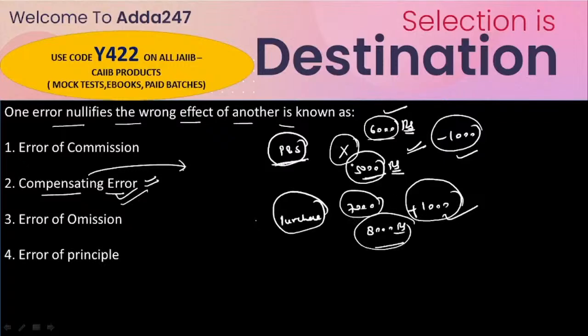And in the meantime, suppose the actual purchase was 7,000 rupees, but it is posted as 8,000 rupees. That means you overcast this transaction by 1,000 rupees. That means here one error nullifies the another error. That's why it is known as a compensating error. I hope it is clear now.